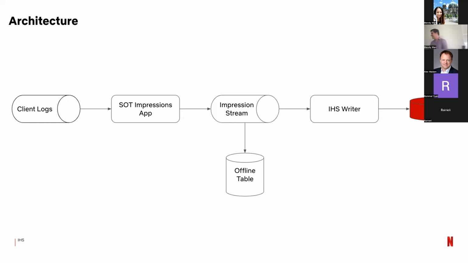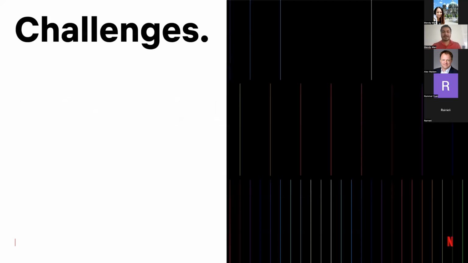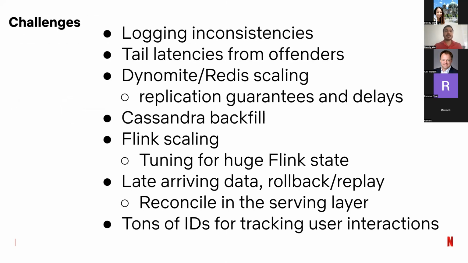Okay, hello again. Next one, the challenges. I'll probably spend a minute on it and then get to questions. We have like 24 of these already. I think the biggest challenge here is logging inconsistencies, meaning the way individual features are instrumented across platforms.